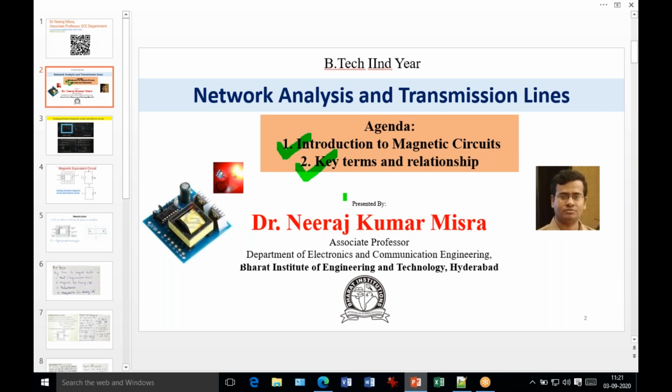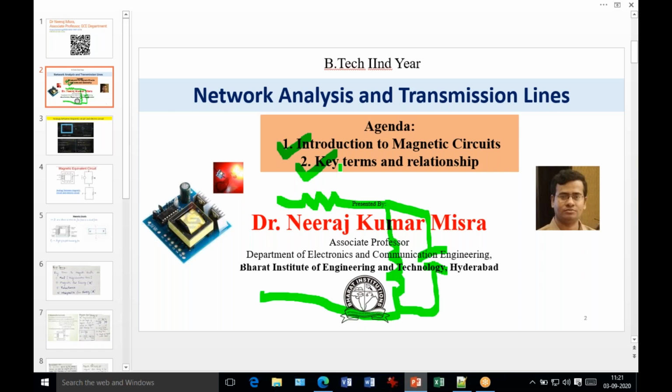In an electrical network, suppose I draw a network like this: this is a resistor, here this is an inductor, and in that way I connect a capacitor also. And here some voltage source is available.